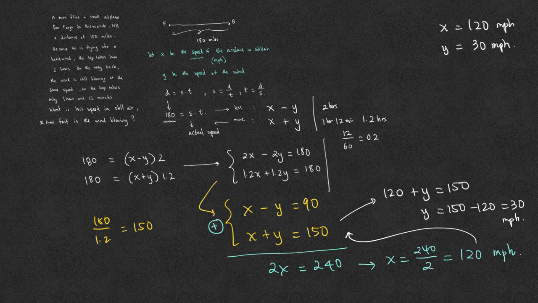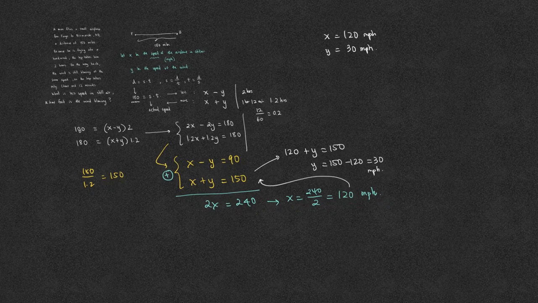The answer for the word problem has to be a description. What is x and what is y? The good thing is we were specific about x and y earlier.